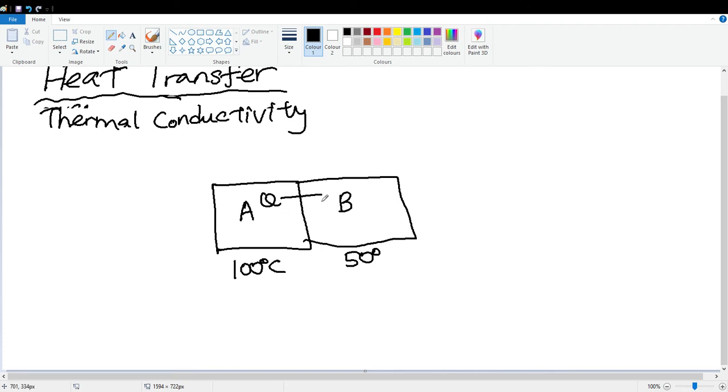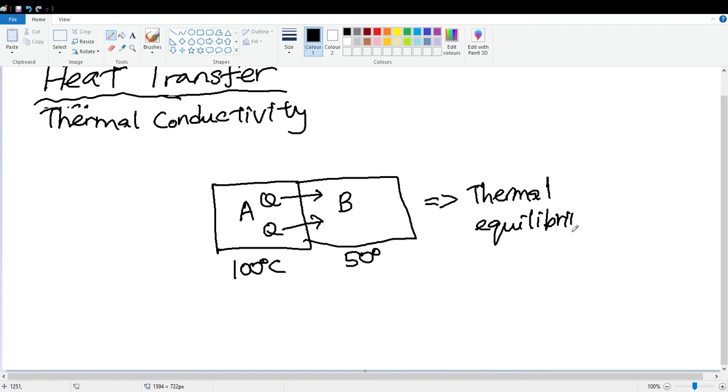So this heat will move from A to B, when both objects are in contact, or in touch, and the heat will move back and forth between A and B until both objects achieve thermal equilibrium.